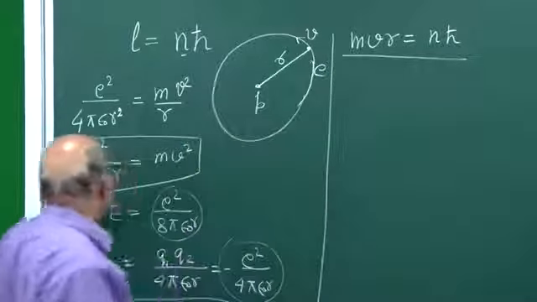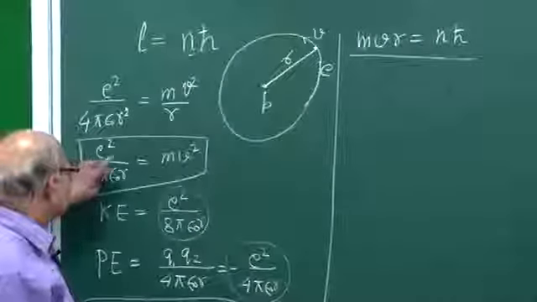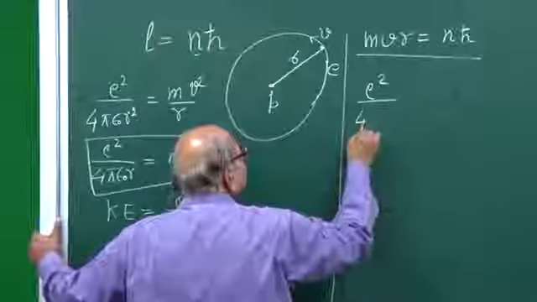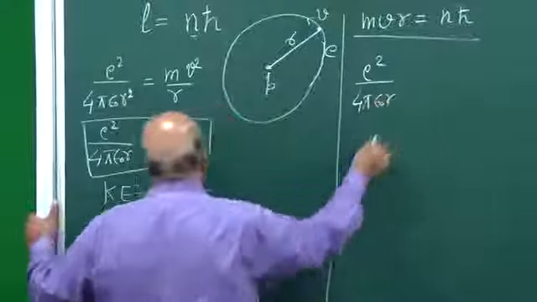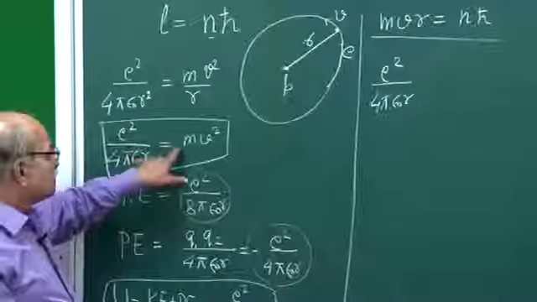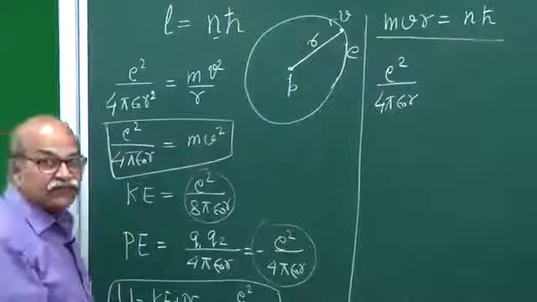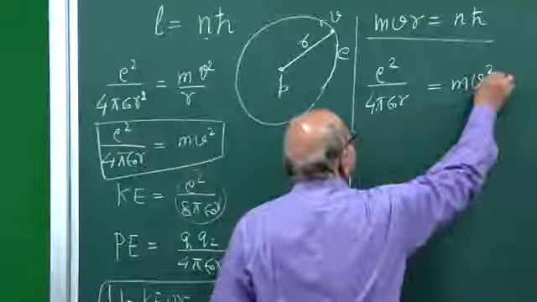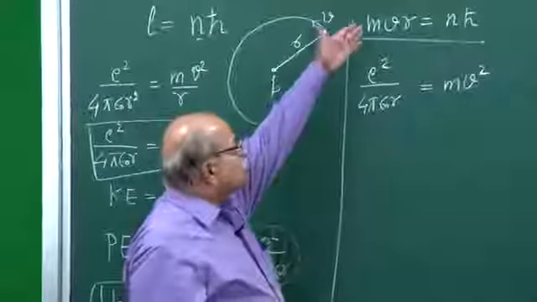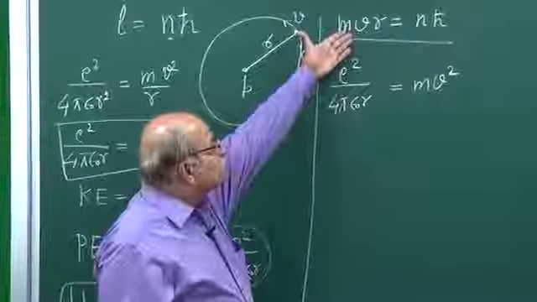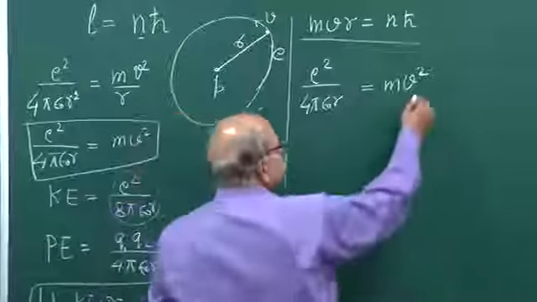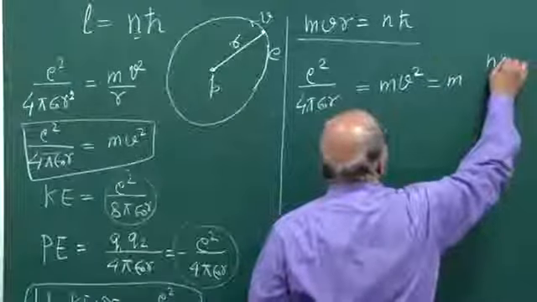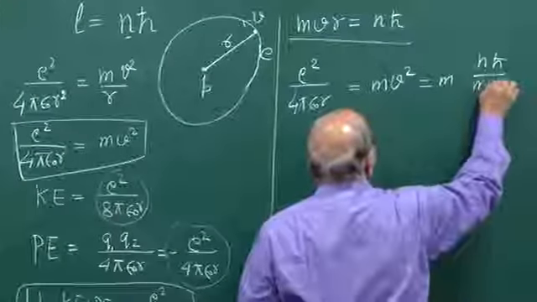Here you have e square over 4 pi epsilon naught r equal to m times v square. So get v from here and put it here.